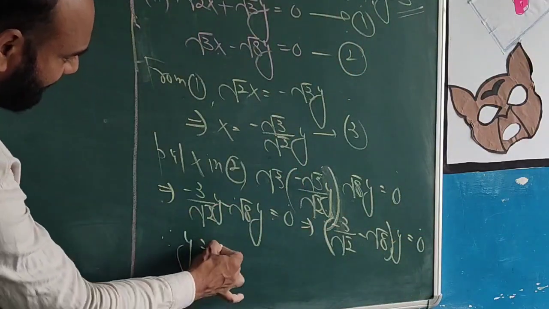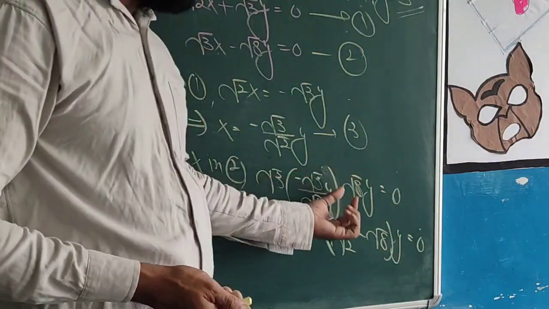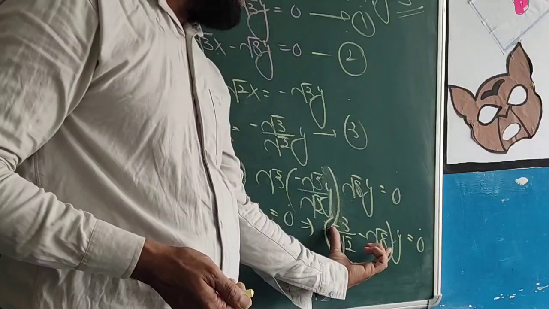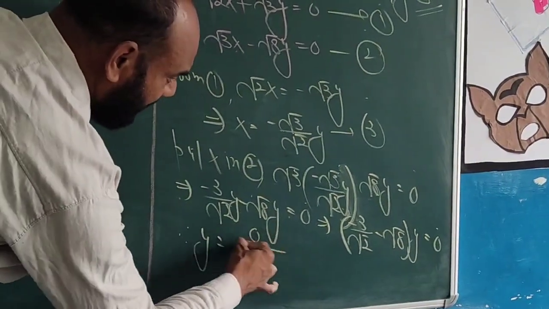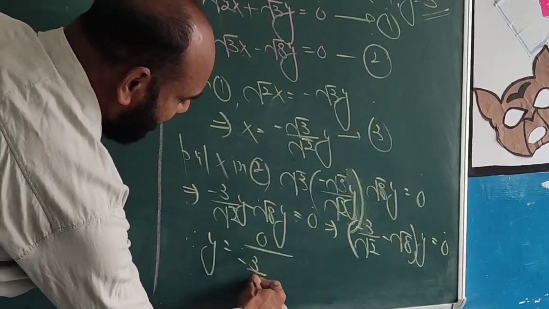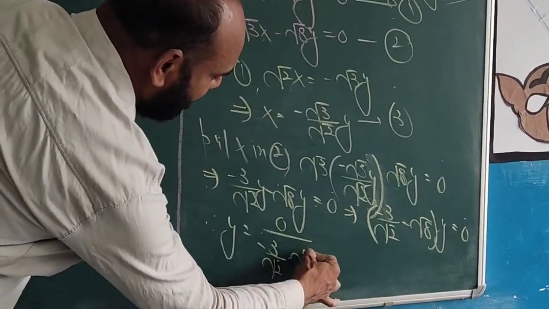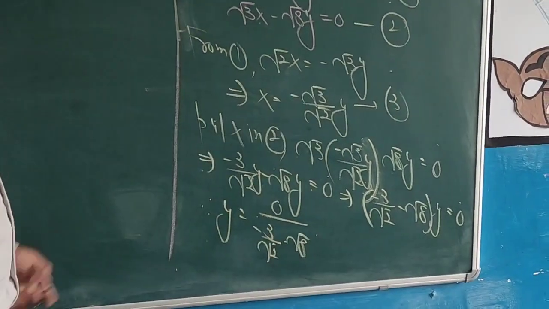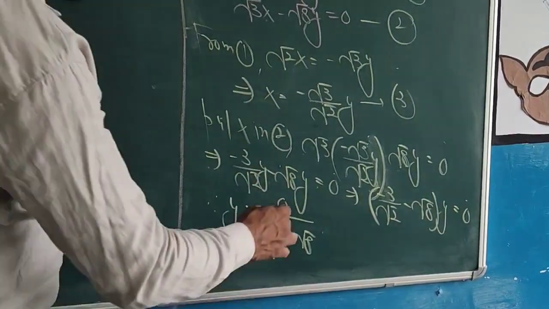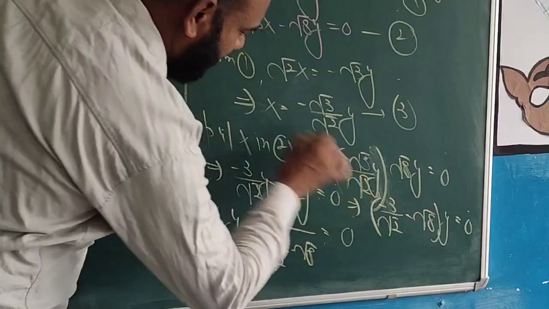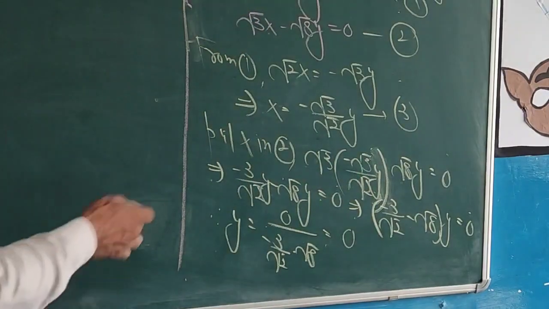Therefore, y is equal to 0 upon minus 3 upon root 2 minus root 8, because the whole term is multiplied with y. And we know when 0 is divided by any term, the result must be 0. So y equals 0.